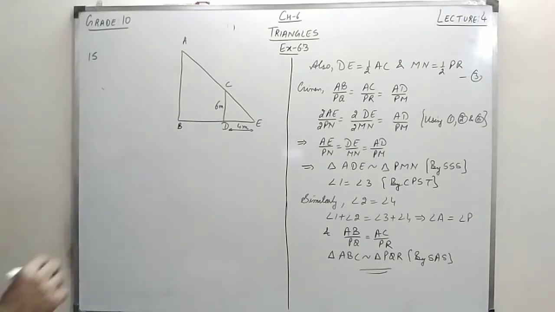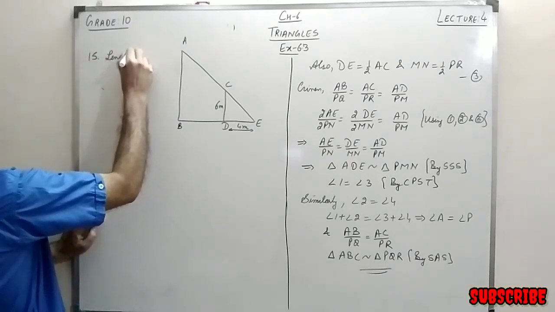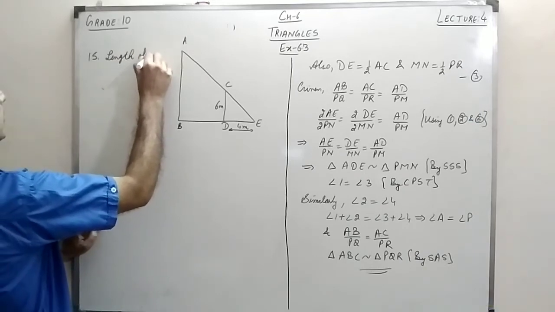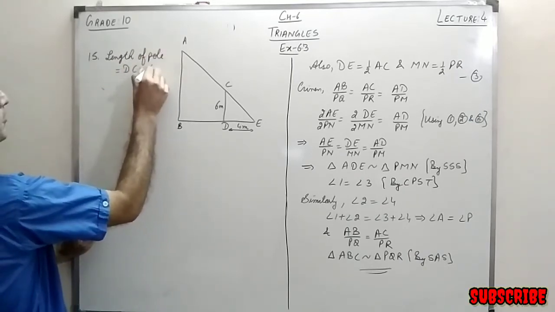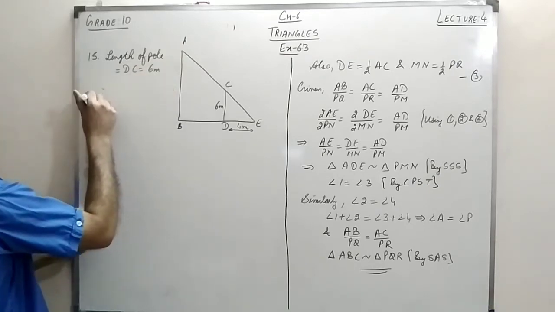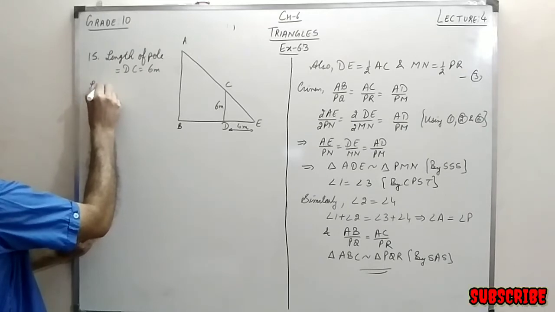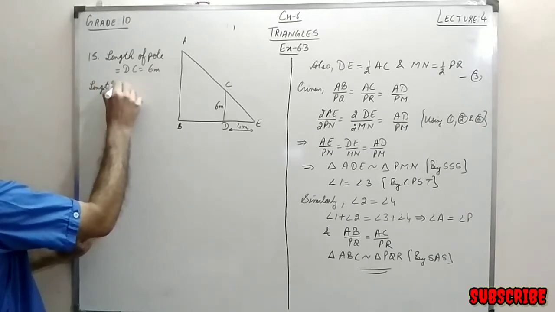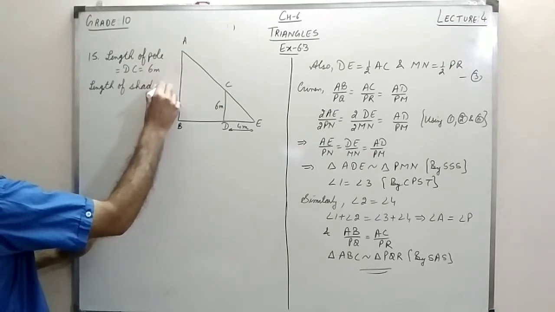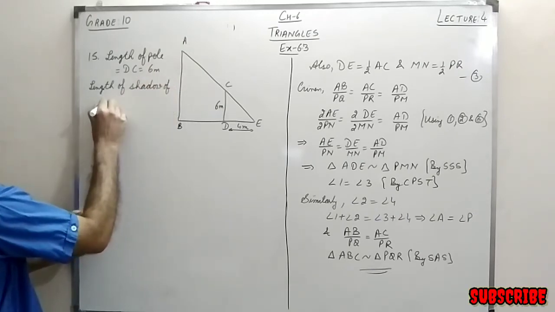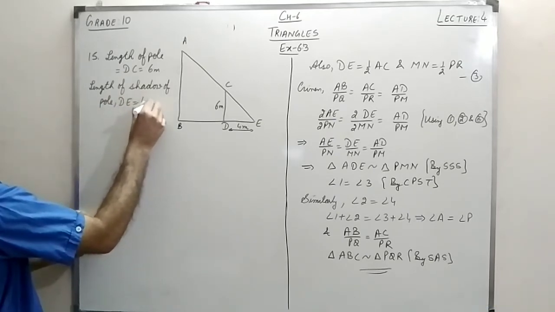Now, what is given? I write length of pole is equal to DC is equal to 6 meter. Then I say length of shadow of pole DE equal to 4 meter.